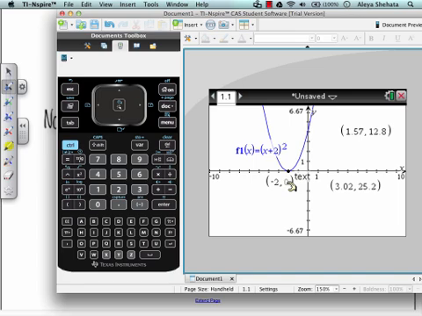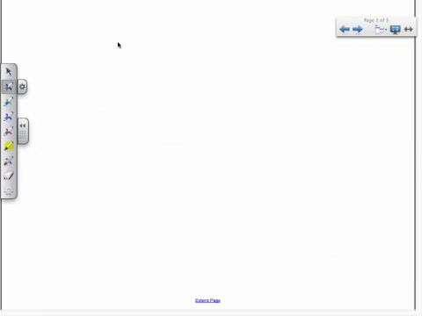So we're going to use all of this information to help us find the vertex when my equation is in vertex form. So let's go ahead and find a spot on your paper on these notes, and I want you to write out what vertex form is one more time, just so that it's a little bit clearer on your paper.